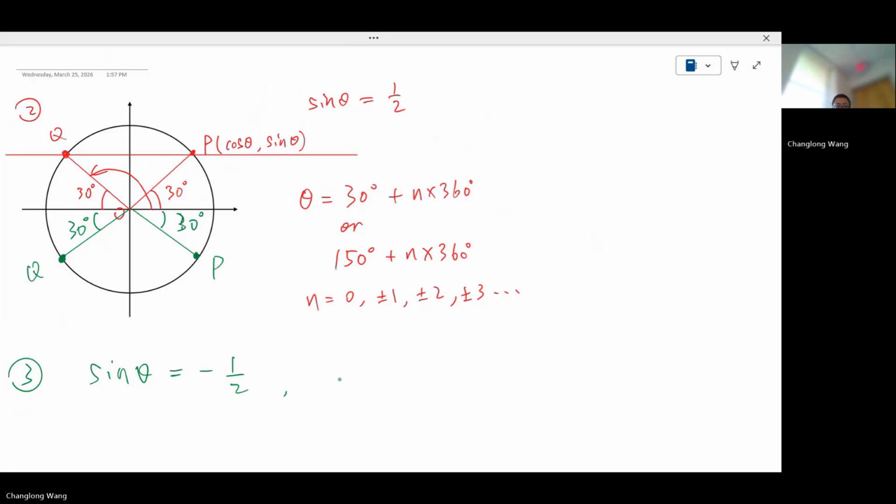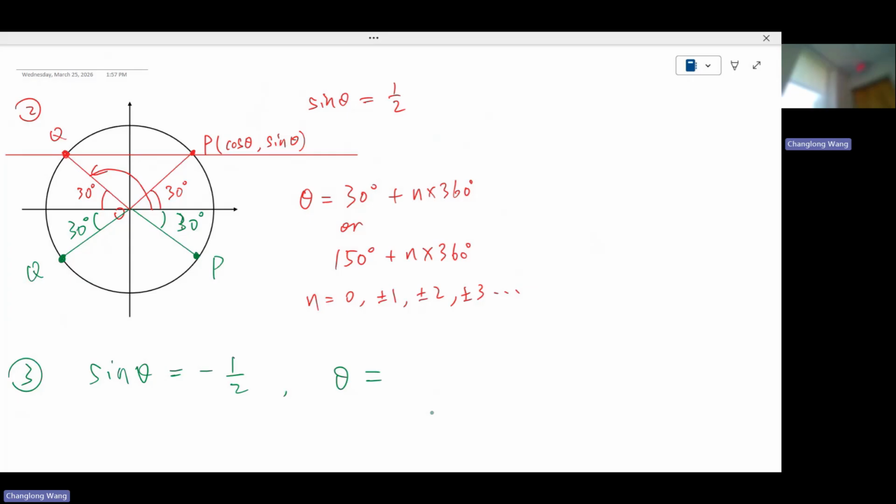Again, the fun part is, let's read off the two angles associated with the point P and point Q, but the green version. Can anyone tell me the angle that starts from here going all around to the Q?